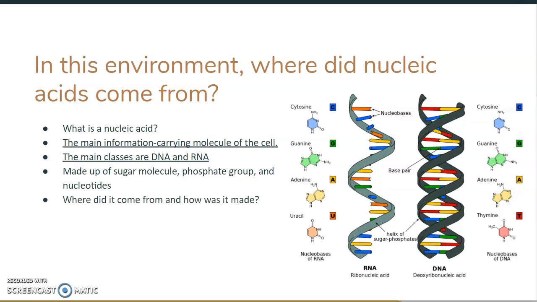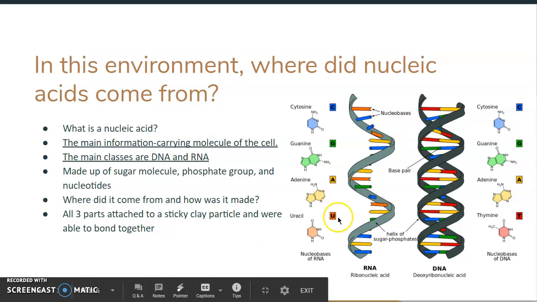But where did we get the materials for all of this to get made? The thought is that each of these individual pieces were floating around in the ocean, or maybe even a shallow part of the ocean. And there were clay particles that were really sticky that were able to grasp, maybe a sugar.